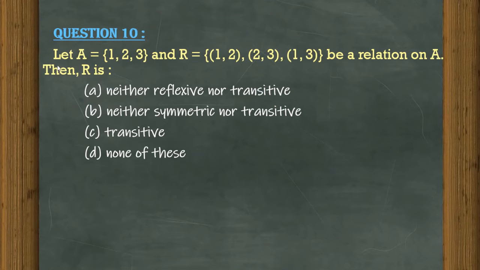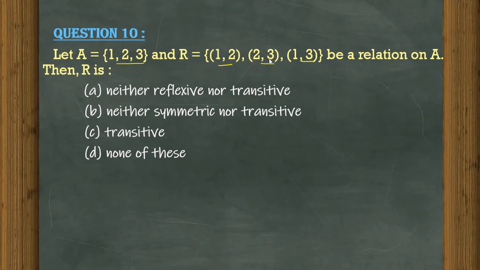Question number 10. Let A = {1, 2, 3} and R = {(1,2), (2,3), (1,3)} be a relation on A. Then R is: neither reflexive nor transitive, neither symmetric nor transitive, none of this. So (1,2) is there, (2,3) is there, (1,3) is there. It is not reflexive, very clear. And (1,2) is there, (2,1) is not there, (2,3) is there, (3,2) is not there.